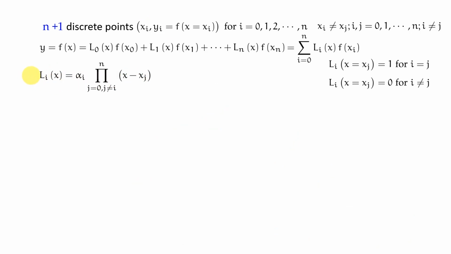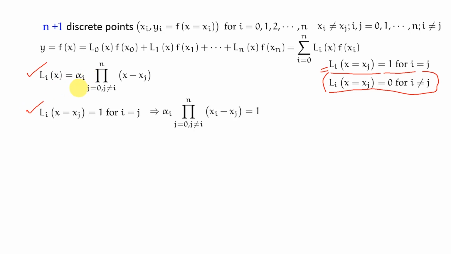Now you see that this expression of this basis function Li, we have got it using this concept that Li at x equal to xj equals 0 for i not equal to j, and that gives us the roots of Li, and that gives us the expression of Li like this. We don't know the alpha yet, but we know that Li at x equal to xj will be 1 for i equals j. So if I use this expression, I'll get an expression for alpha i.